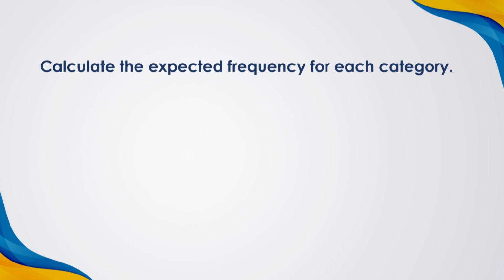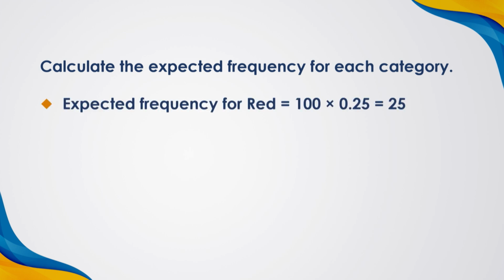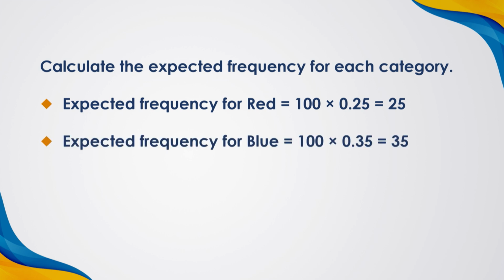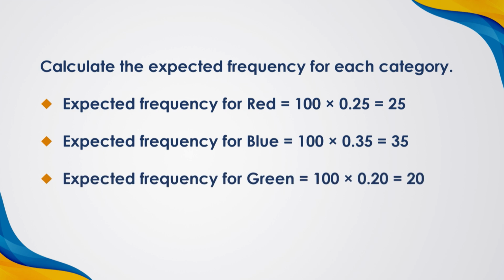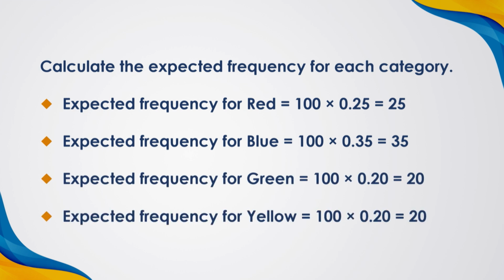Now, to calculate the expected frequency for each category, you just multiply your proportion with your total frequency. That is, for the expected frequency for red, you can move on with 100 into 0.25 as 25, then for blue 100 into 0.35 as 35, then 100 into 0.2 as 20, and at the end yellow 100 into 0.2 as 20.